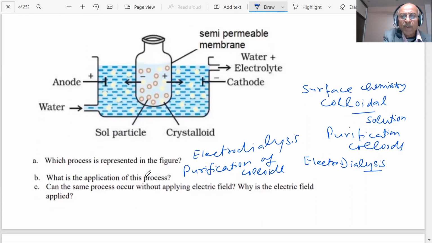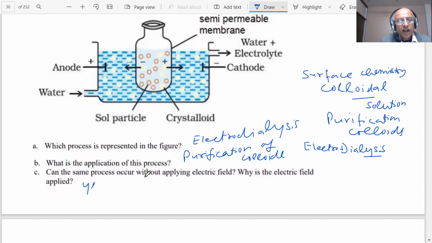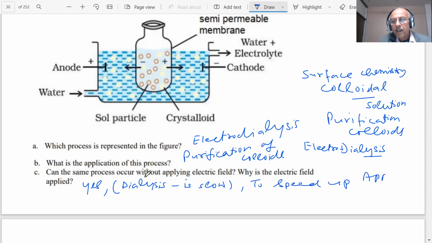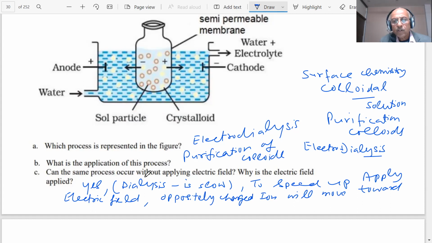Can the same process occur without applying an electric field? Yes, it can occur. That is what we call dialysis. But dialysis is a slow process. So to speed up, we apply an electric field, and the result of that is the oppositely charged ions will move towards oppositely charged electrodes.